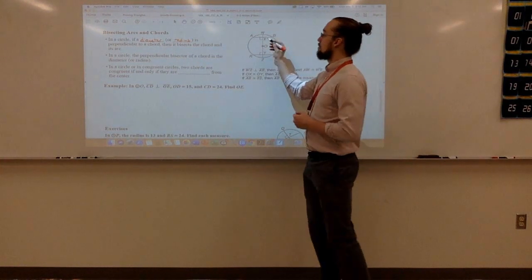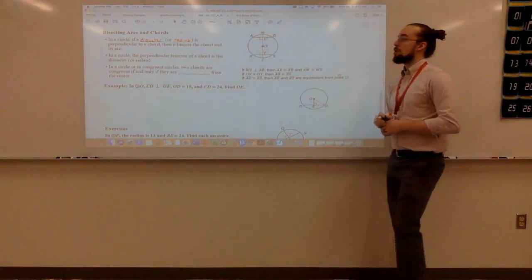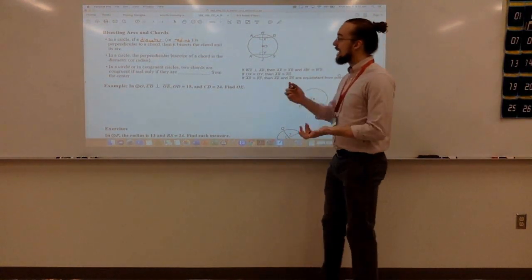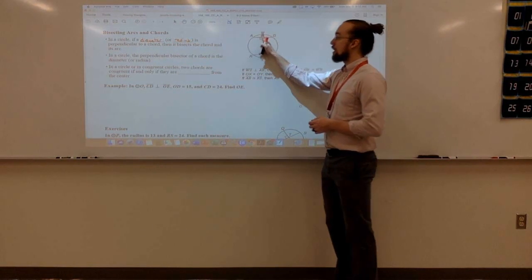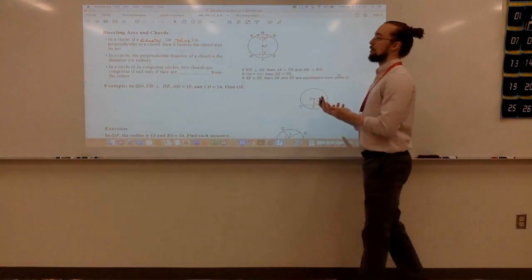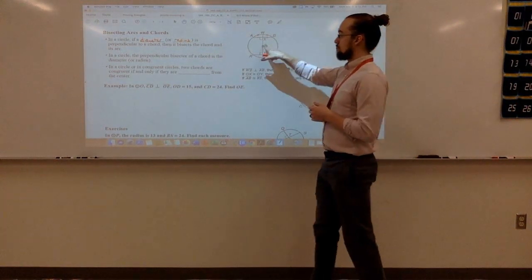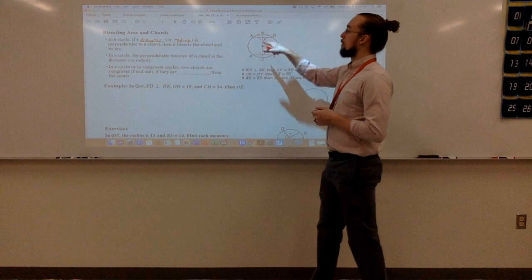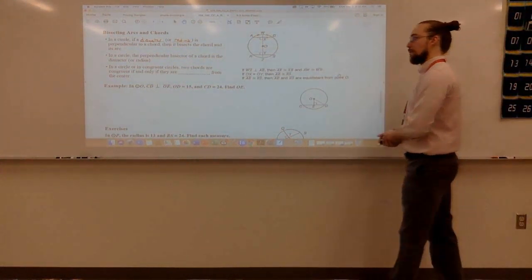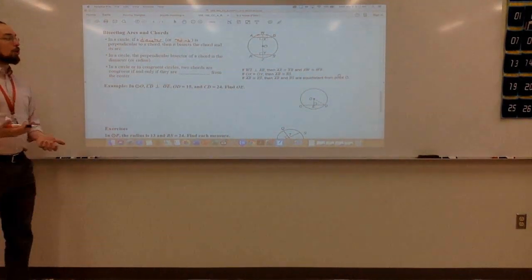That automatically means that AX and BX are congruent. Bisecting means it cuts it perfectly in half. And it also means arc AW and arc BW are congruent. We know that just because the radius or diameter is perpendicular to the chord: it cuts the chord exactly in half and cuts the arc in half.